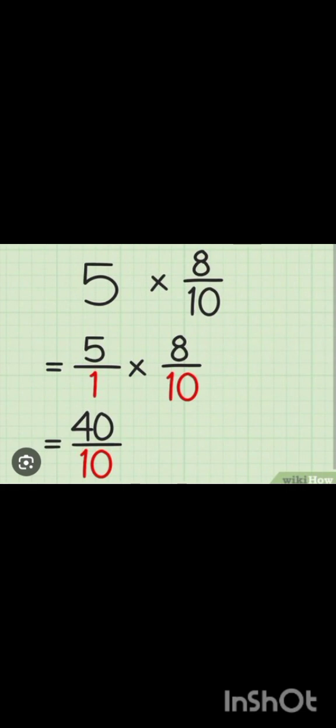The denominator would be at the bottom of the fraction. We want to understand how to take mixed numbers and turn them into whole numbers. And we want to understand how to multiply fractions and how to divide fractions by cross cancellations and flipping the back side of the fraction.